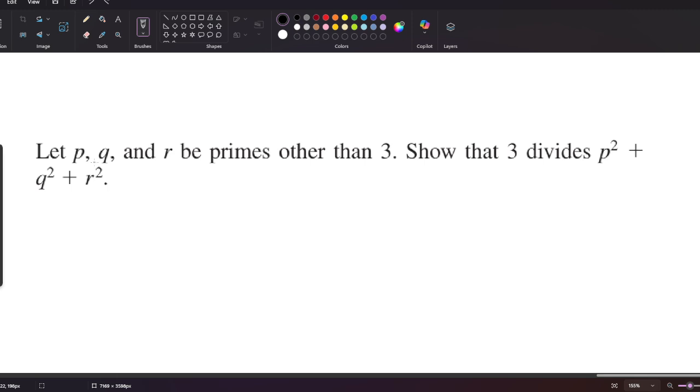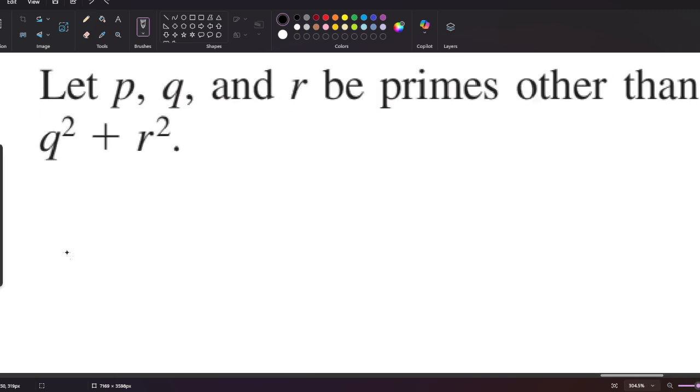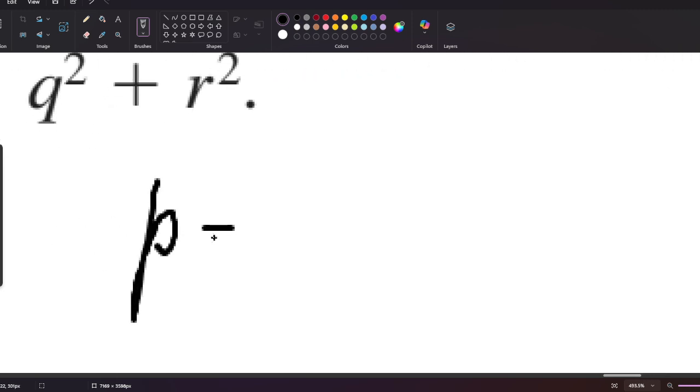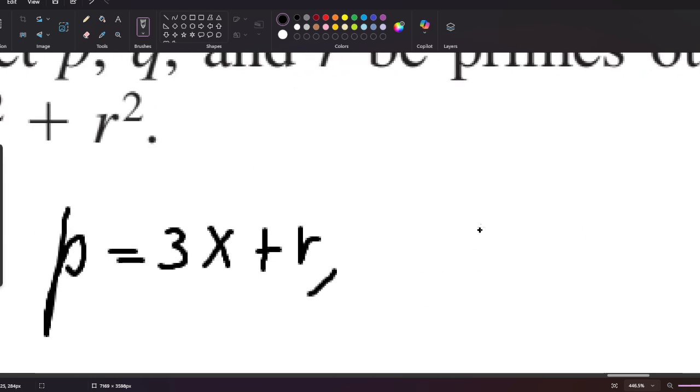Next one: p, q, and r are primes other than 3. We have to show that the sum of their squares is going to be divisible by 3. So obviously any of the primes, let's start with p for now, is going to be of the form 3x plus r, where r is between 0 included and 3 not included.